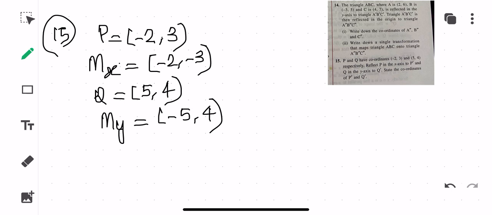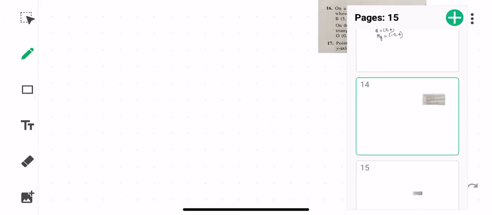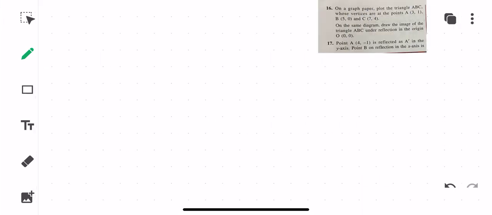Now we'll be moving to the next thing, children, that is our question number 16. Okay, so here I'll just be looking into question number 16. Question number 16 says, on a graph paper, plot a triangle ABC whose vertices are the points A, this. On the same diagram, draw the image of the triangle ABC under reflection in the origin.